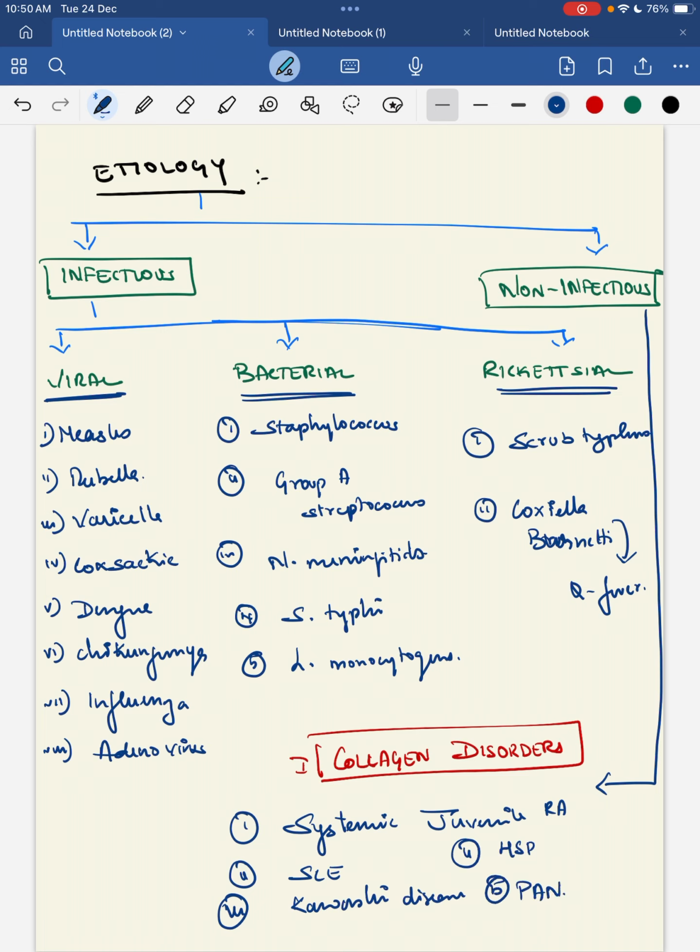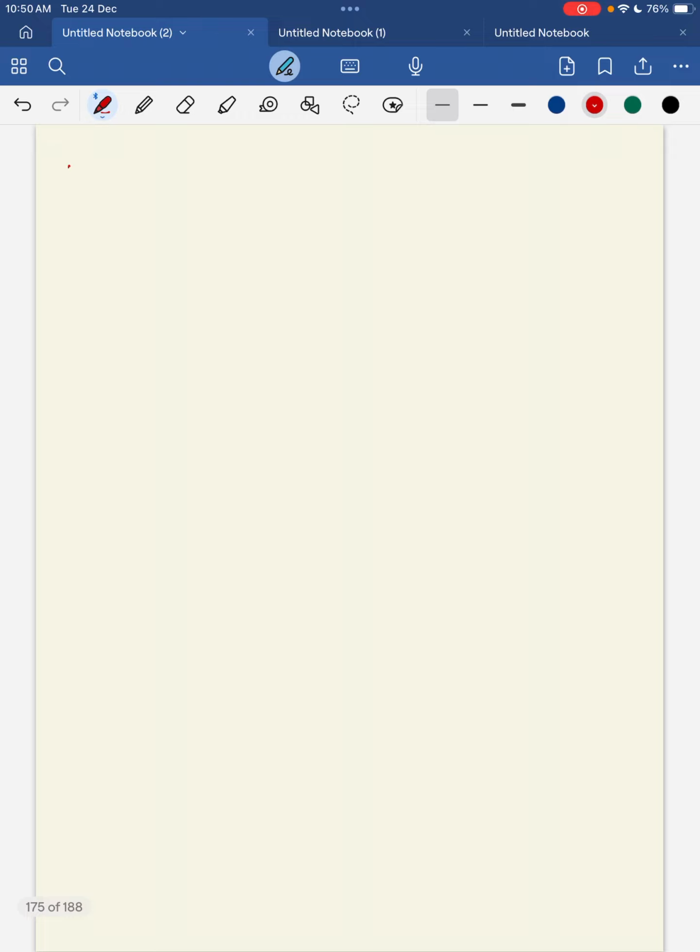Next topic in your non-infectious agents is your drug hypersensitivity reactions. The drug hypersensitivity reactions that can cause fever and rash are Stevens-Johnson syndrome and toxic epidermal necrolysis.